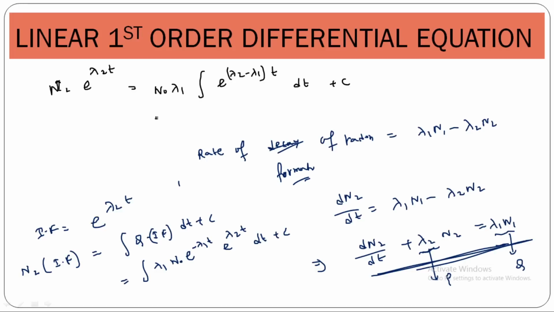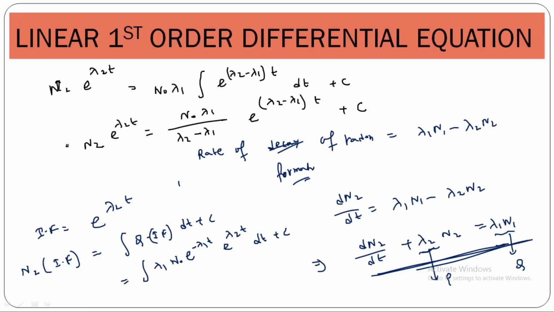Now if you integrate this, you will get n0 lambda 1 divided by lambda 2 minus lambda 1 into e to the power lambda 2 minus lambda 1 into t plus c. So from here you will get n2.